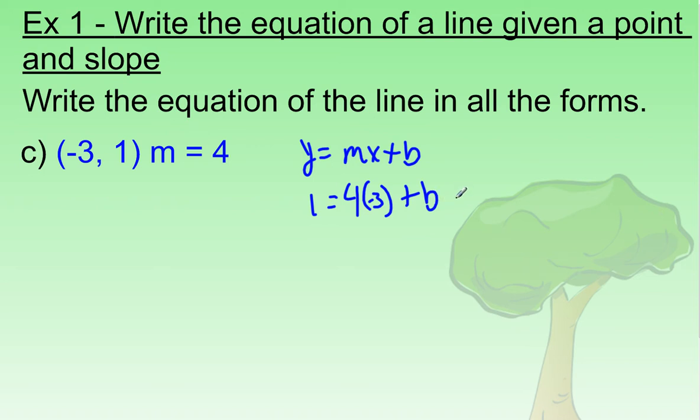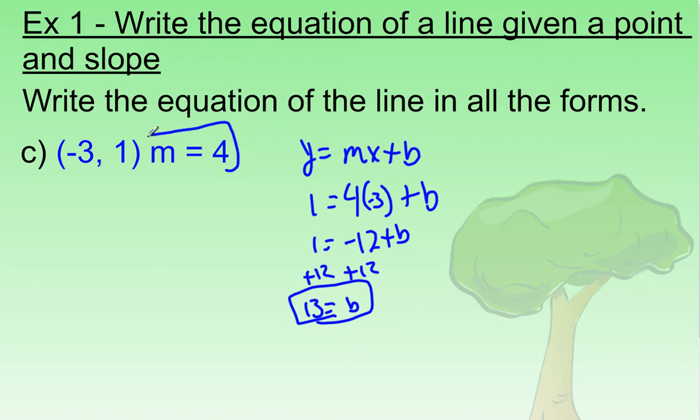I substituted. Now I do just some very simple solves. Multiply. -12. Get the b by itself, so you add 12 to both sides. B equals 13. So now what I have is my slope from here, my intercept from there.